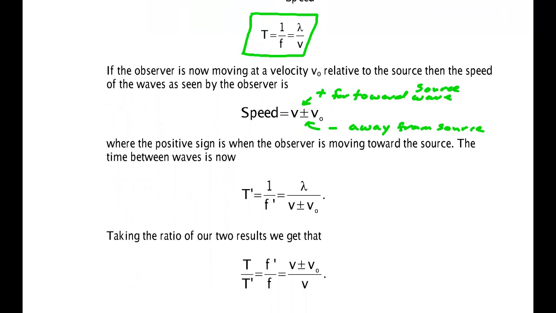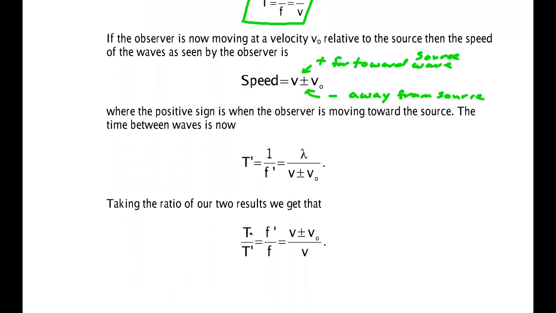If you take the ratio of the original time it took the wave to the new time, then because these are 1 over the frequencies, this is the equivalent of the new frequency to the old frequency. You will find that it's simply equal to the new speed divided by the old speed. Now you might want to do this, and it can be done a couple of different ways.